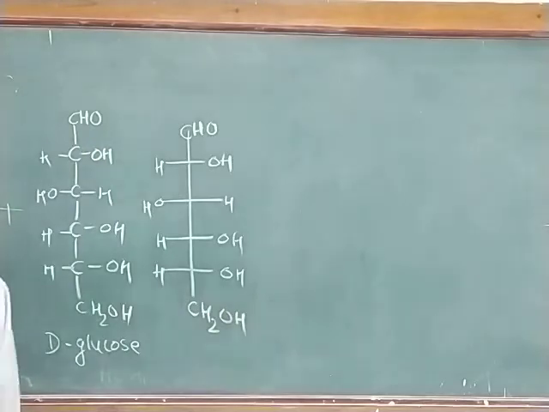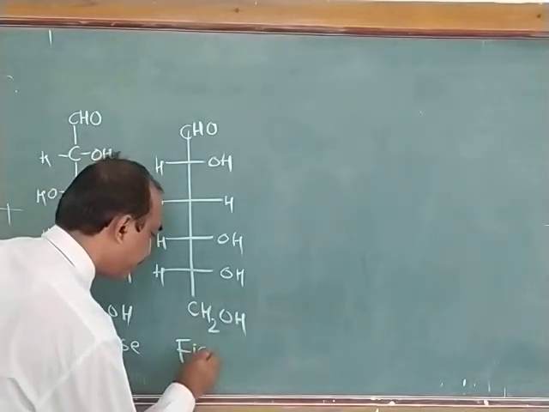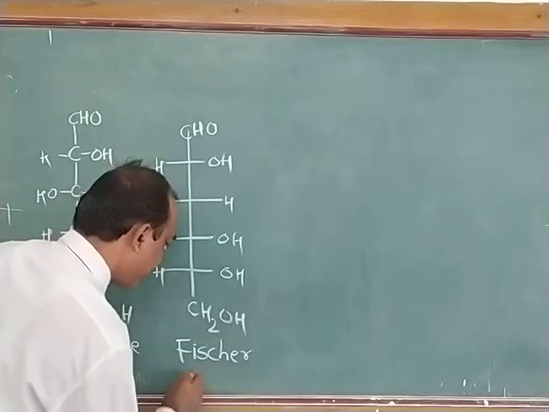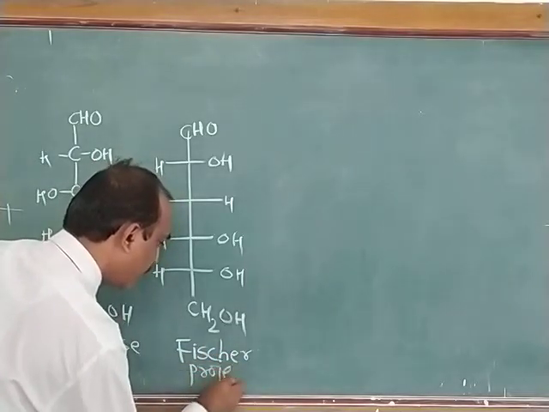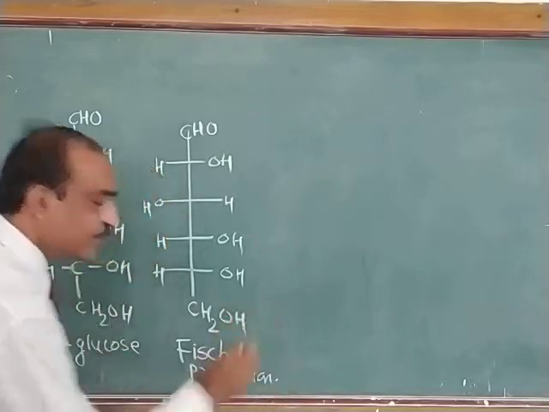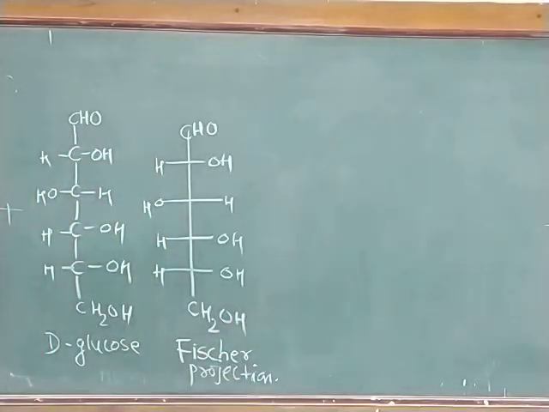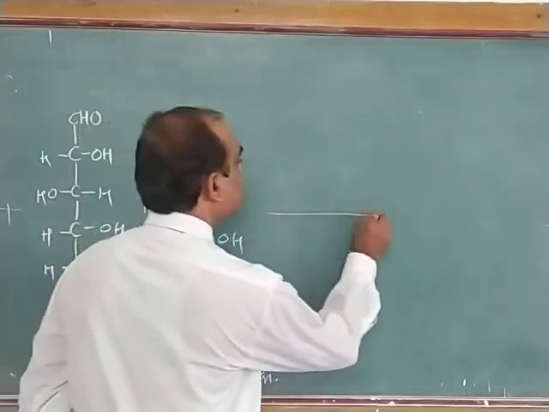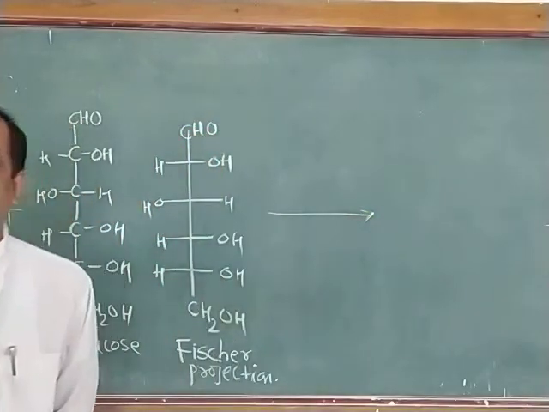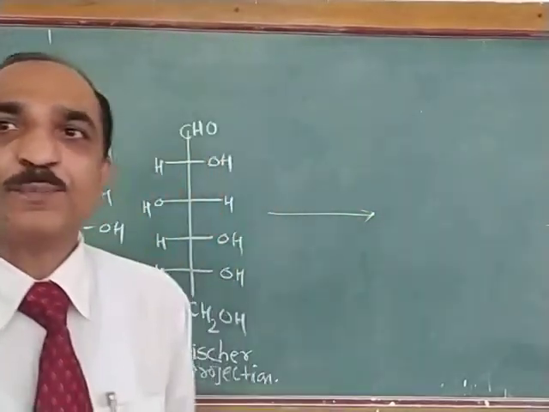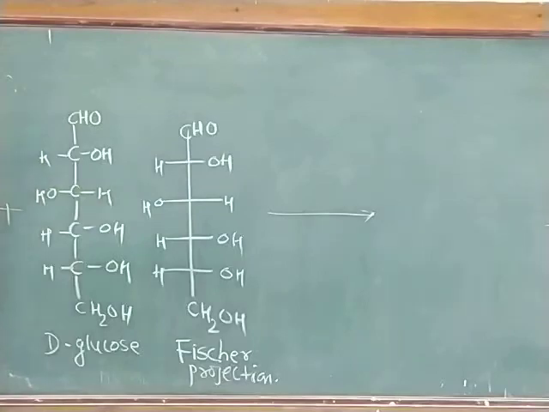This is the Fischer projection formula for D-glucose. So we have to convert this Fischer projection formula into the Haworth projection formula.